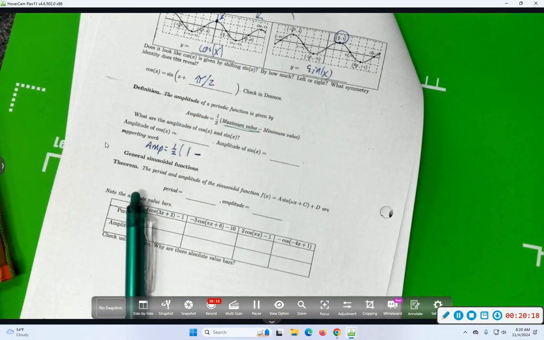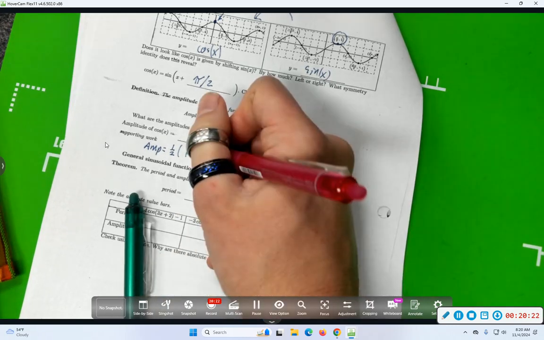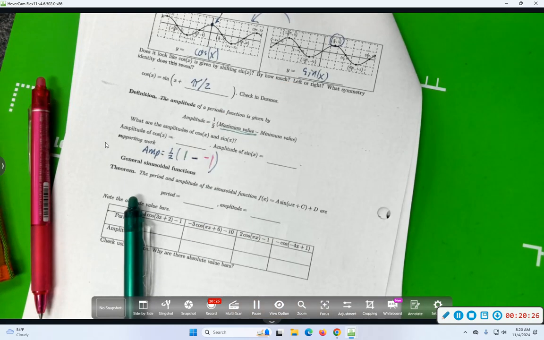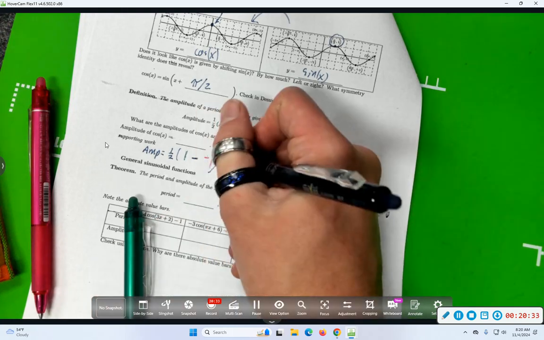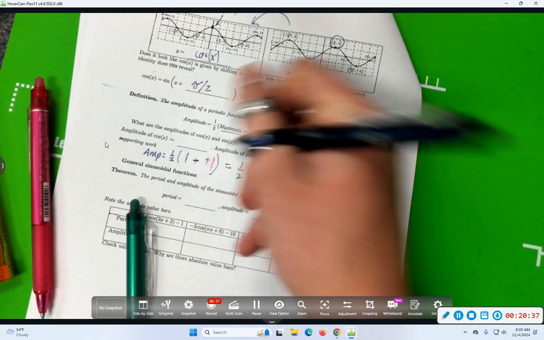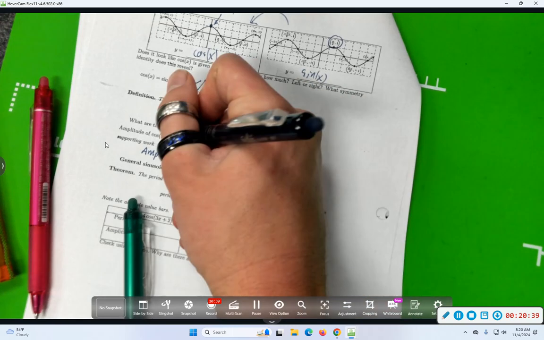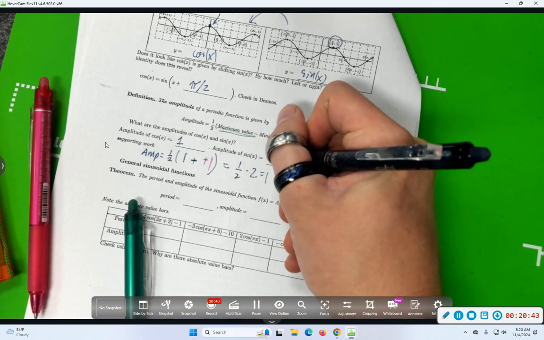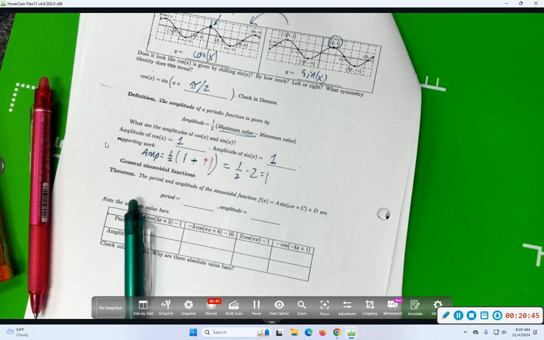What's the minimum value cosine takes? So the amplitude of cosine is 1/2 times 1 plus 1, which is 1. Similarly, sine has the exact same amplitude. The amplitude of sine is also 1.